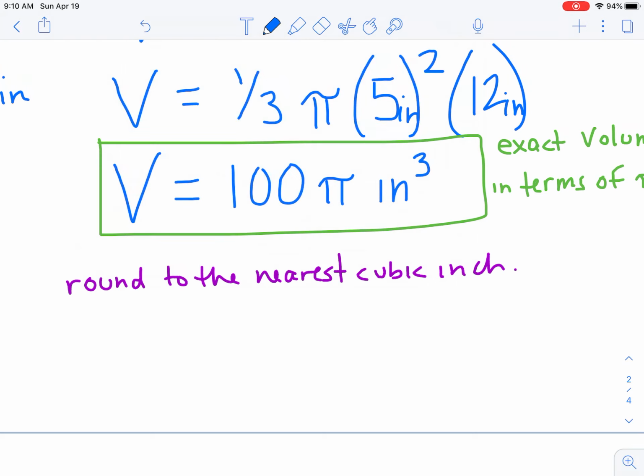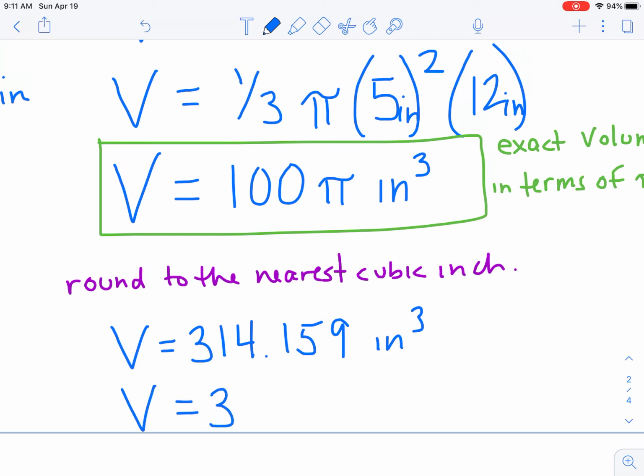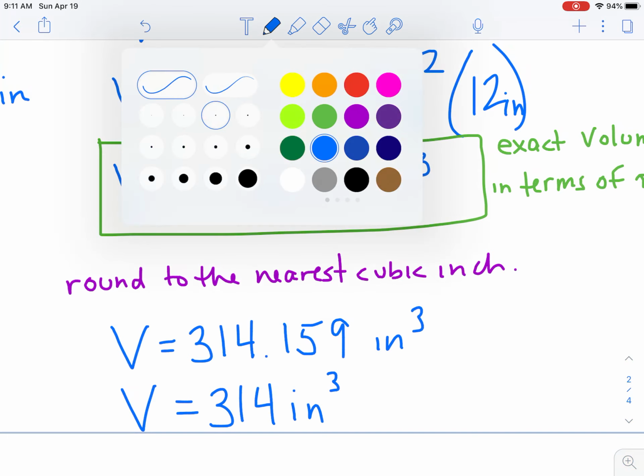Then I would put 100 times pi, use the pi button, don't use 3.14. It's on the bottom by your keyboard. 100 times pi, and I would get the volume is 314.159 inches cubed, which I would round to 314 cubic inches.